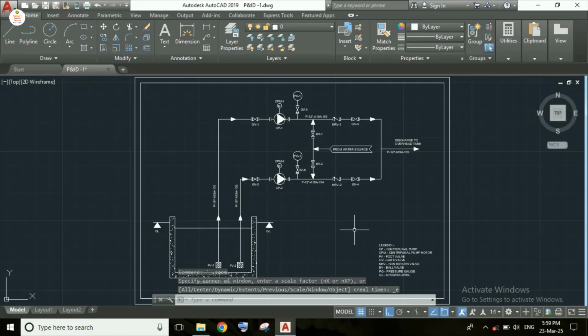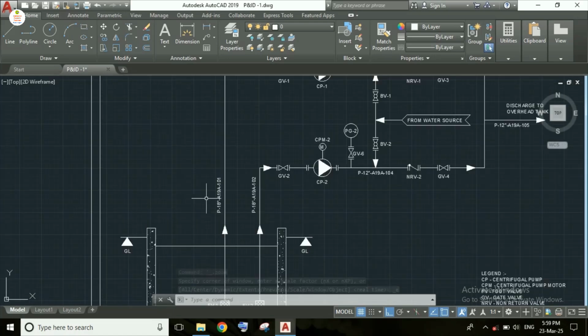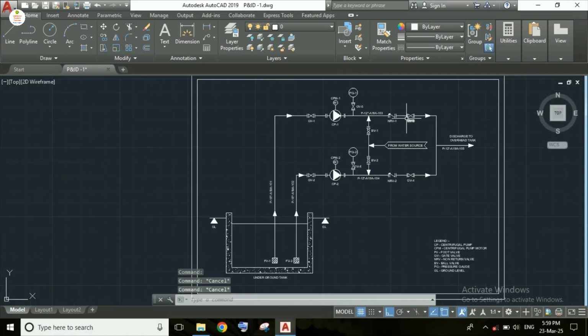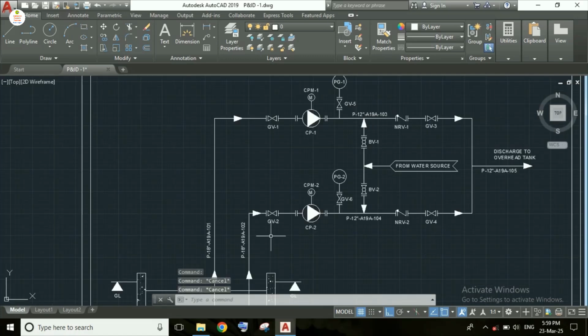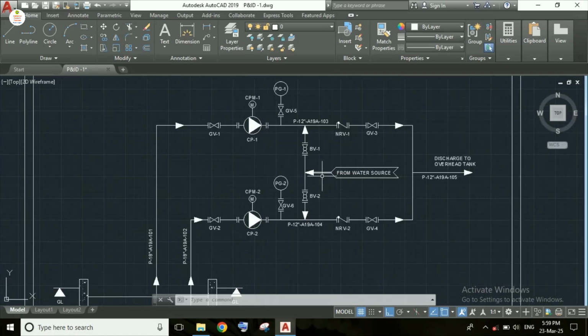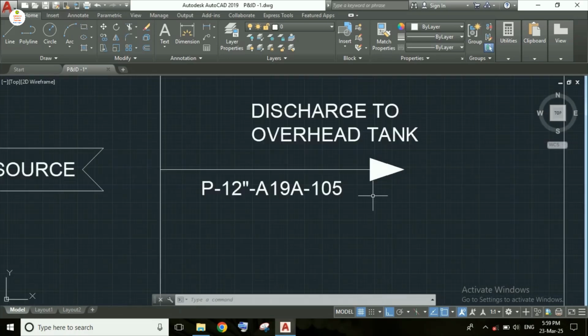Students, now see here we have provided the line number for each line. In the P&ID we need to provide the line number for the process line, as you can see here. Now I am explaining this line number, as a general explanation.